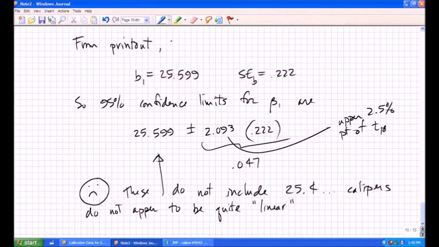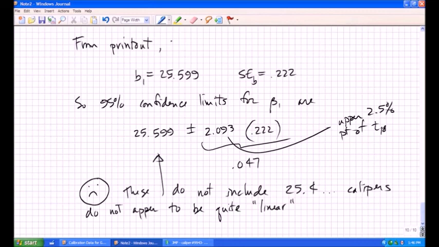The point of this discussion has been that regression analysis, in particular simple linear regression analysis, is a very useful tool in calibration. Calibration is a very important activity. If I'm going to have accurate measurements, then I need to know that my measurement devices are well calibrated.